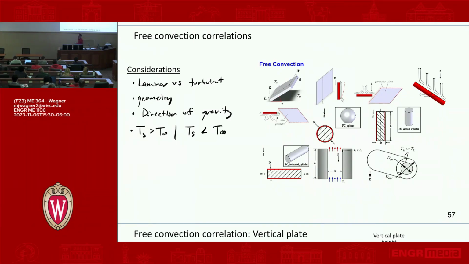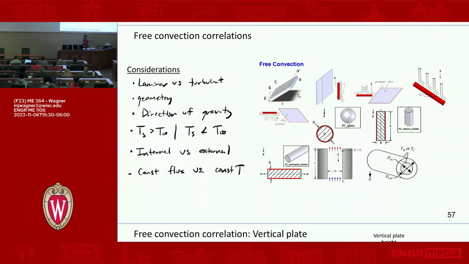So that's a new one, right? Oh, so is direction of gravity. But if you have the situation reversed, it actually changes the correlation sometimes. You could have internal and external. You could have different boundary condition types, like constant flux versus constant temperature, same as before.